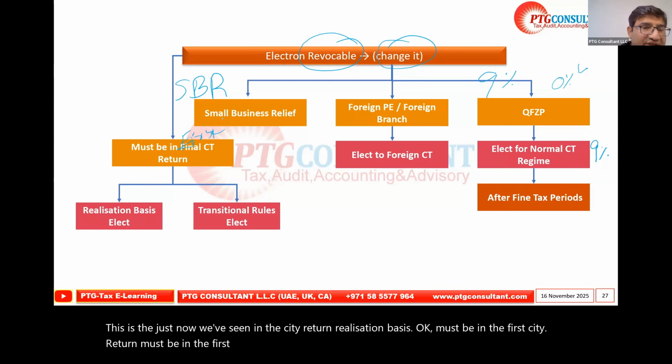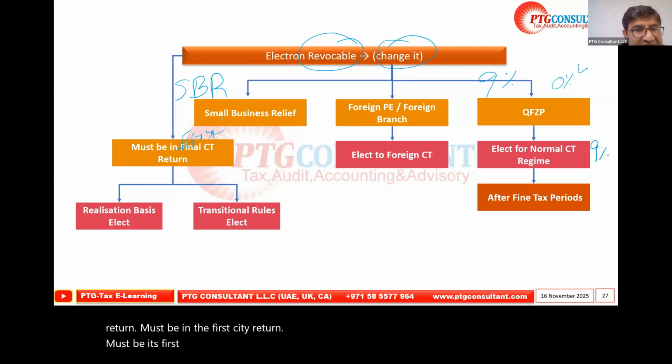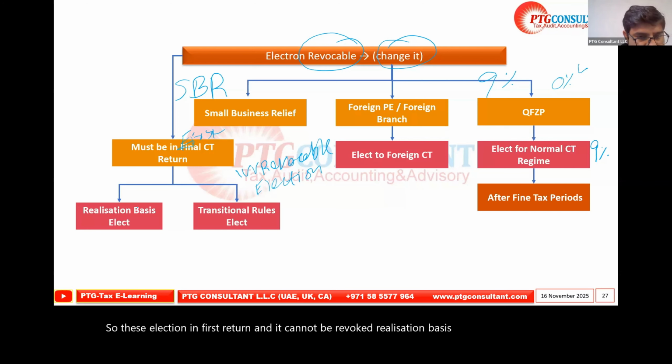Which election is this, that is not revocable, what we call irrevocable? So these elections are in the first return and cannot be revoked. Realization basis, just now we saw, if you opt for lifetime, you cannot change.